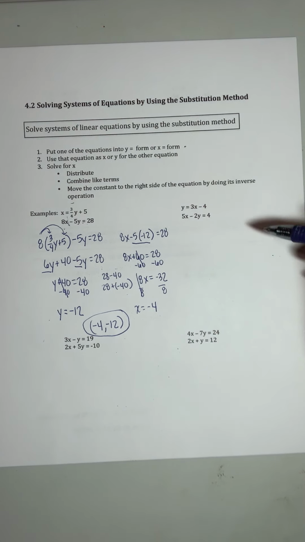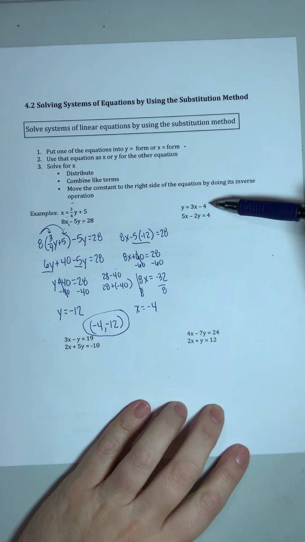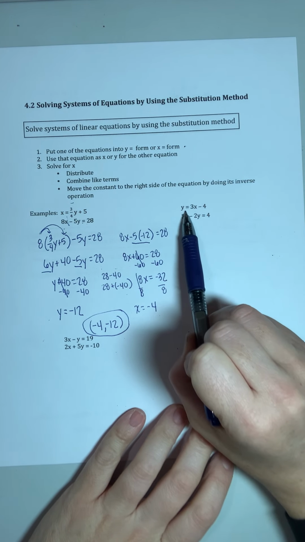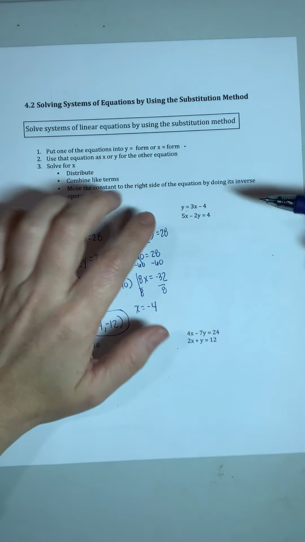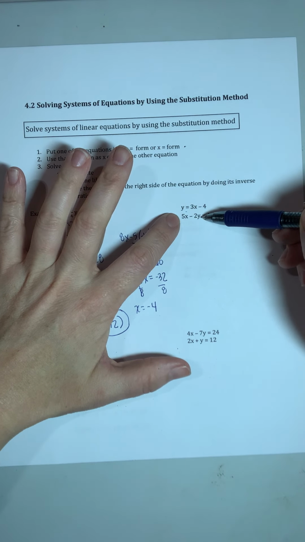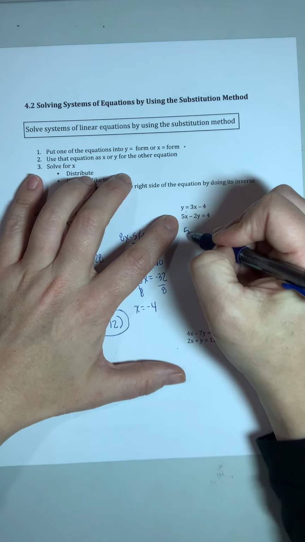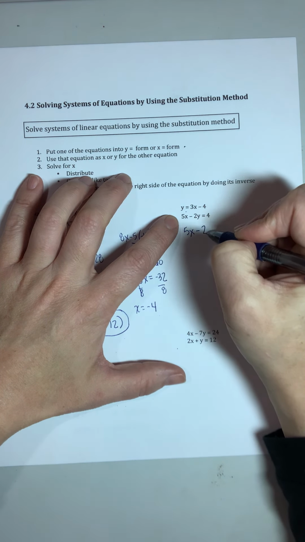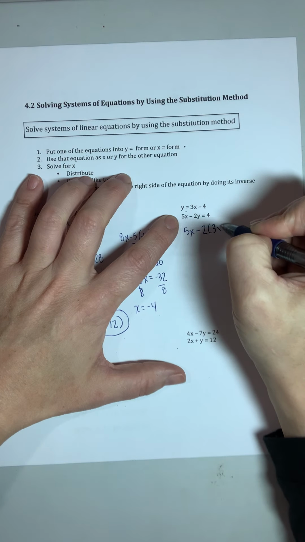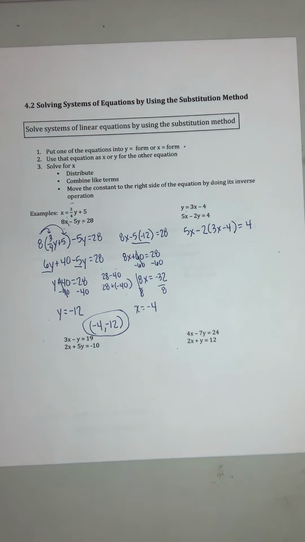Okay, next one. Okay, they gave us a y equals, so that's good. So since this one is y equals 3x minus 4, in this equation, where I see the y, I'm going to replace it with 3x minus 4. So I have 5x minus 2 times 3x minus 4 equals 4.